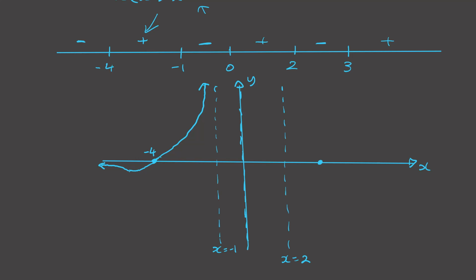So between negative 1 and 0, we know that it's negative. But there's an asymptote either side. So what must happen is it must come up the asymptote, have a maximum point, and then go down. The same is true of the next section, where it's got to be positive. So that is going to look like that.